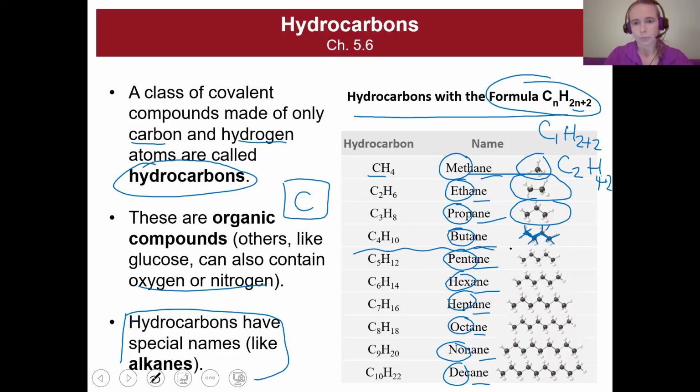So the first four are not. Methane means there's one carbon, ethane is 2 carbons, propane is 3, butane is 4, and then the rest makes sense. Pentane 5, hexane 6. Those first 4 are just the common names that have been stuck with those compounds for many years.